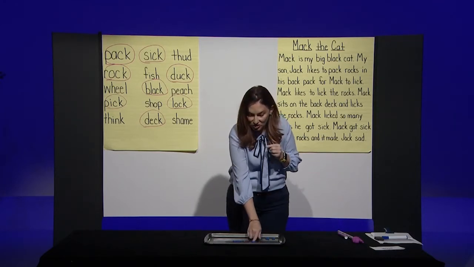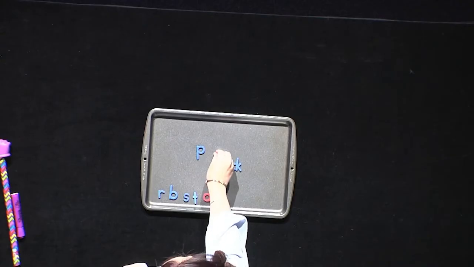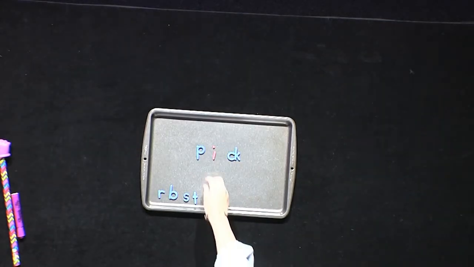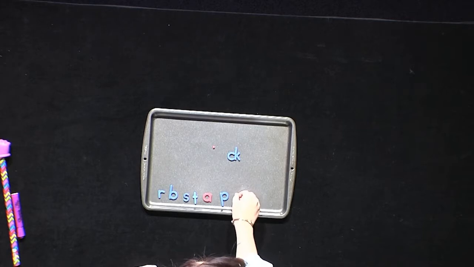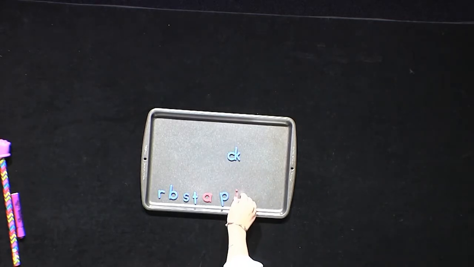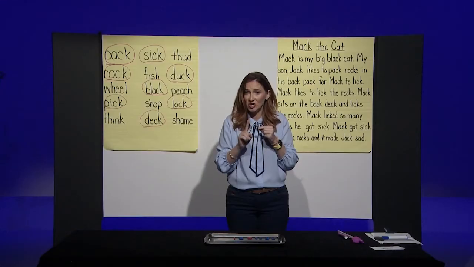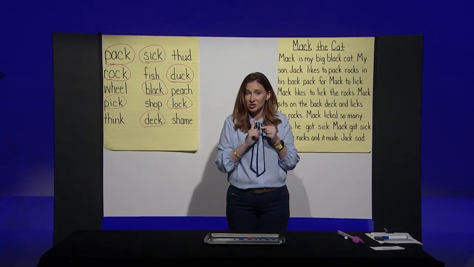So we have the initial sound, we have the medial sound, and we have the final sound, okay? And so, with our words for today, we're going to be working with the final sound, CK, since that's our digraph for today. So the final sound will never change. We're going to be changing the initial sound and the medial sound, okay?